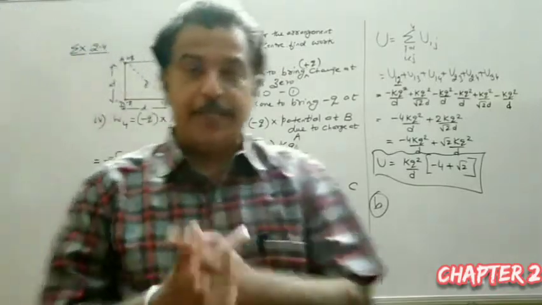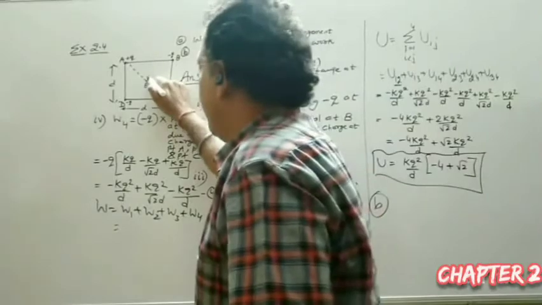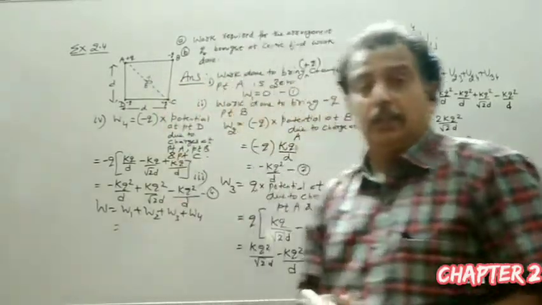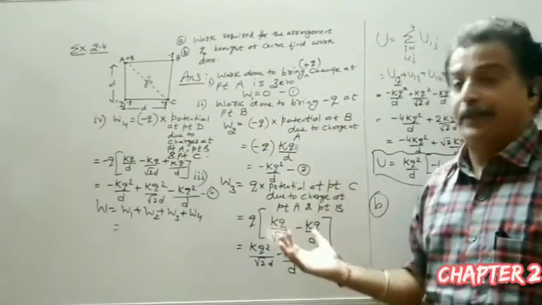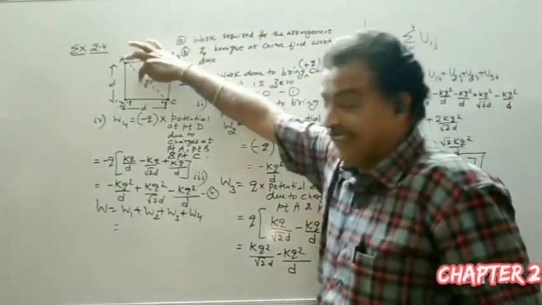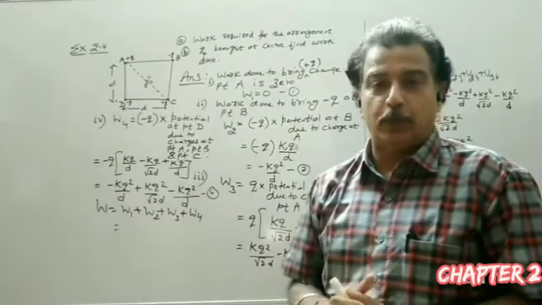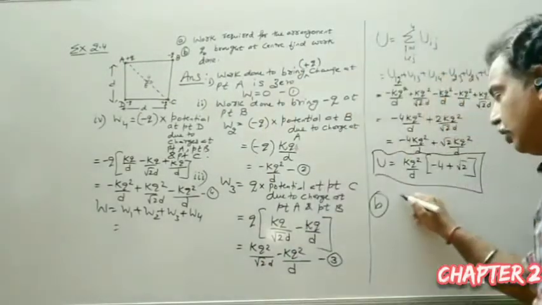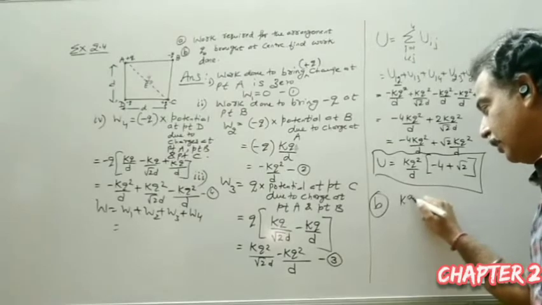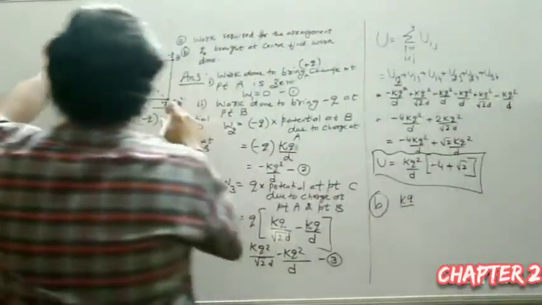Now when I bring Q naught at this point, I find out the potential at E due to A. What will be the potential at E due to A? k source upon distance between test and source.